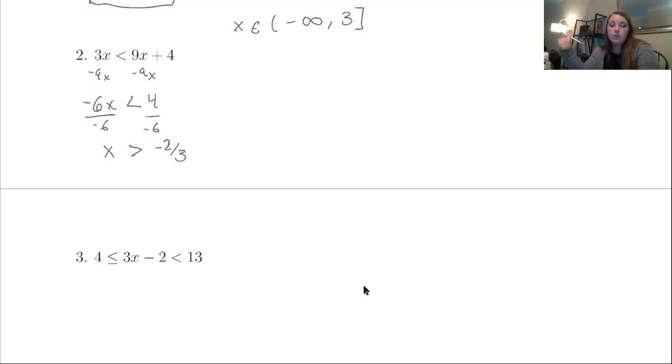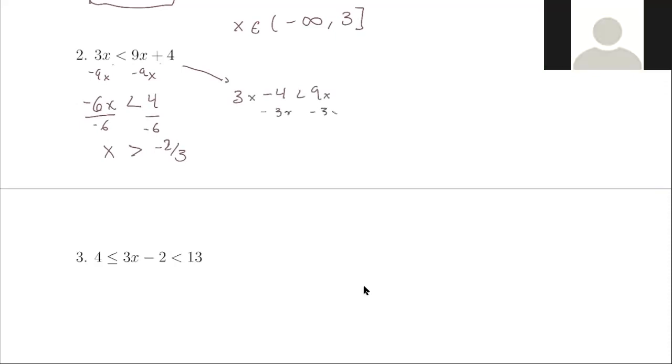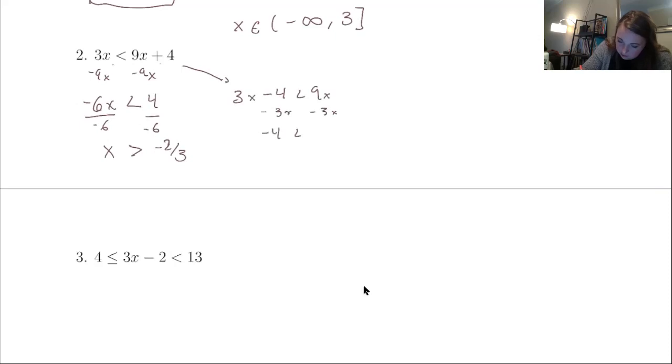We could have also not even had to deal with the negative, right? We just would have had to do a few more steps if I subtracted 3x from both sides. So if I did 3x minus 4 is less than 9x, I subtracted a 4 from both sides and then subtracted 3x. I would get negative 4 less than 6x, divided by 6.